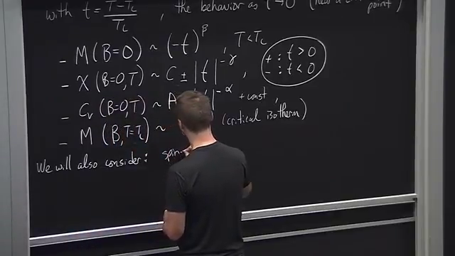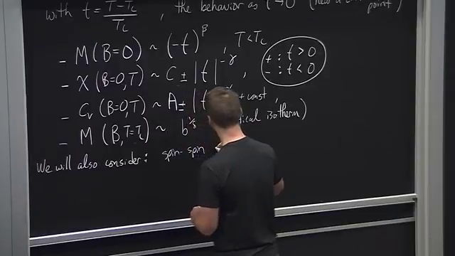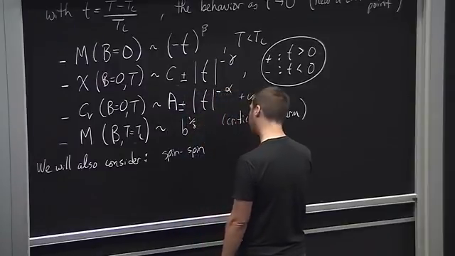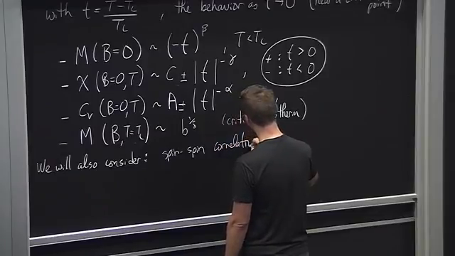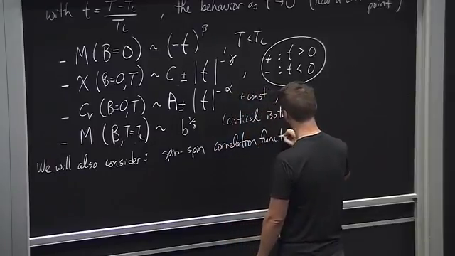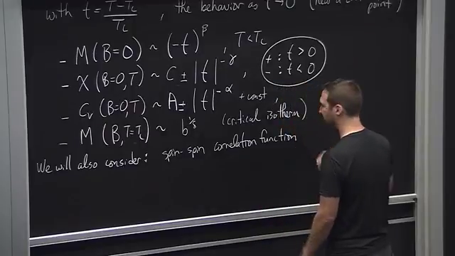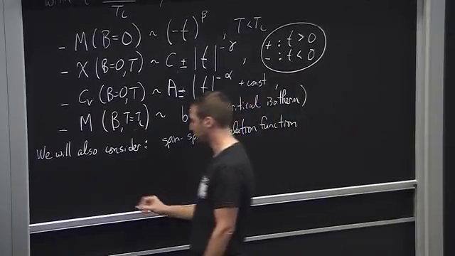The two-point connected correlation function. So let me define it. G.